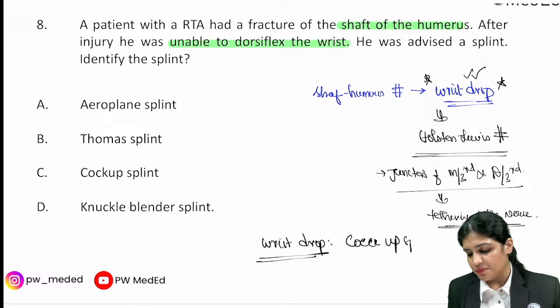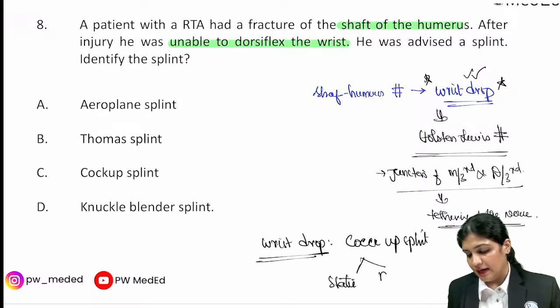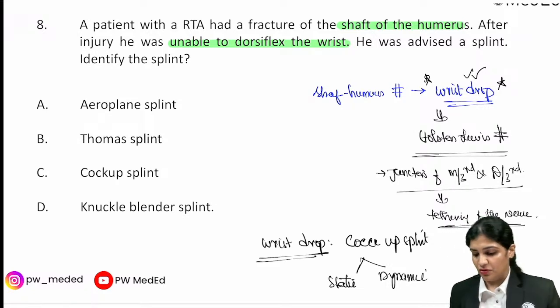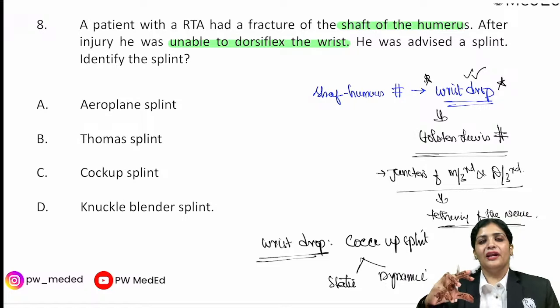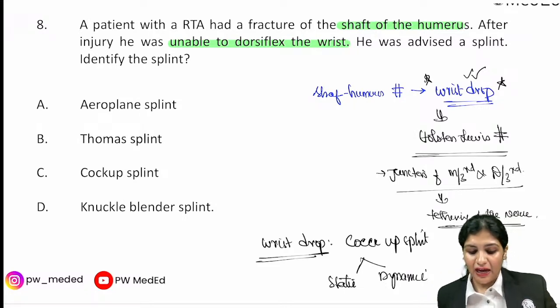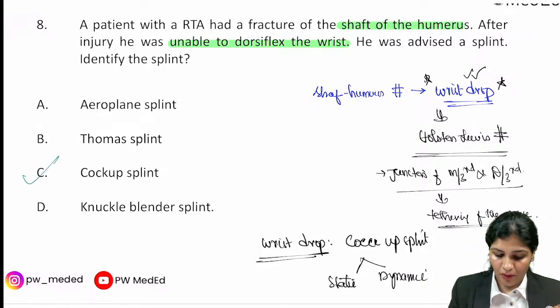This cock-up splint is of two types, the static and the dynamic cock-up splint. Static is you just put them in the functional position, and dynamic cock-up splint is you put the tendons to work, because of the springs which are attached, you can extend and flex the fingers. That is the dynamic cock-up splint. So the answer here is the cock-up splint.